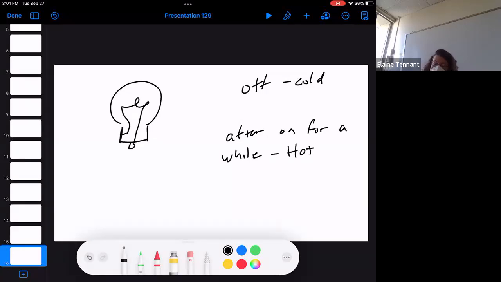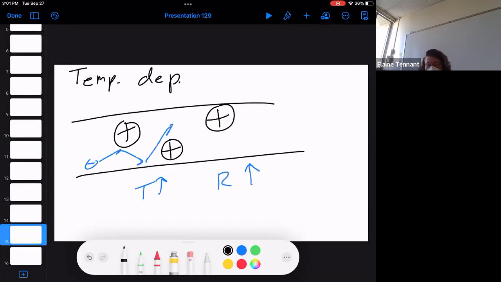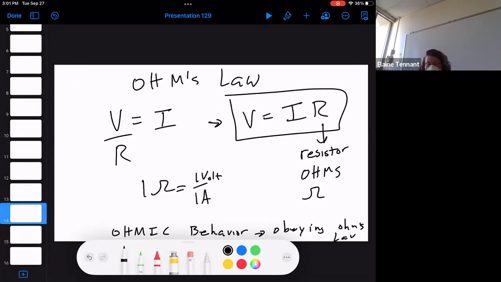So between leaving it off and then you turn it on and leave it for a little while, the temperature increases, which, as you guys correctly told me, means the resistance is going to increase as well. So if the resistance increases, I'm not going to have a really pretty, just constant current situation, right?